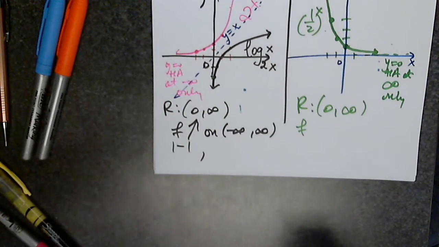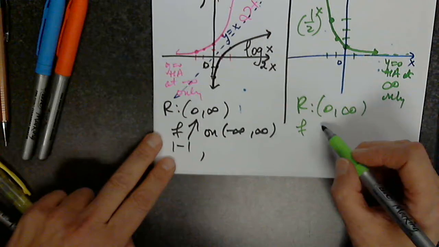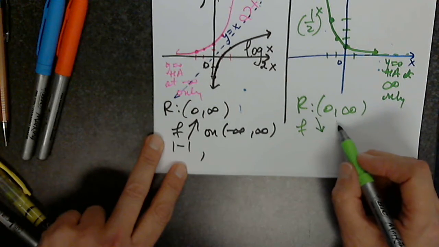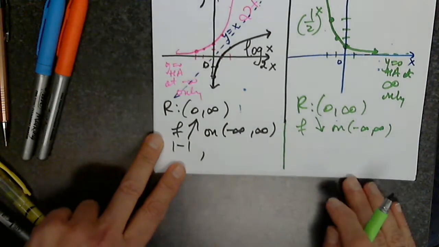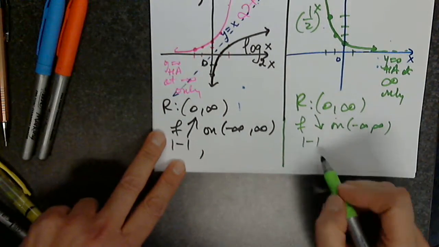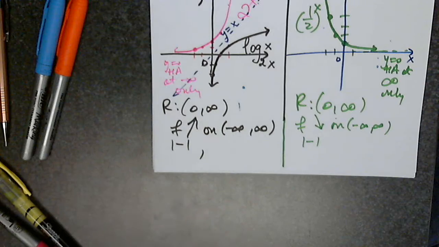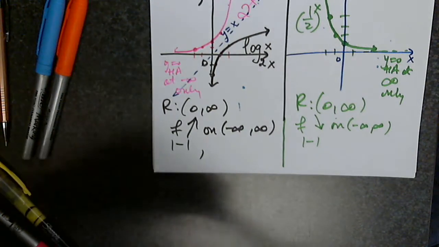So is it decreasing or increasing? Always decreasing on the entire domain. And then is it one-to-one? By the horizontal line test, it's one-to-one.